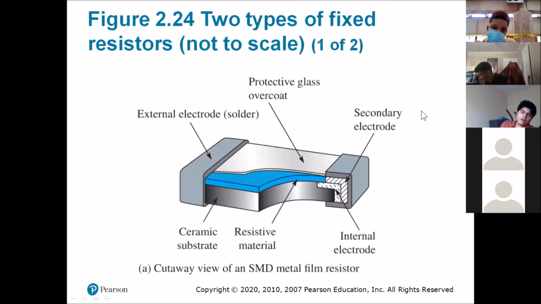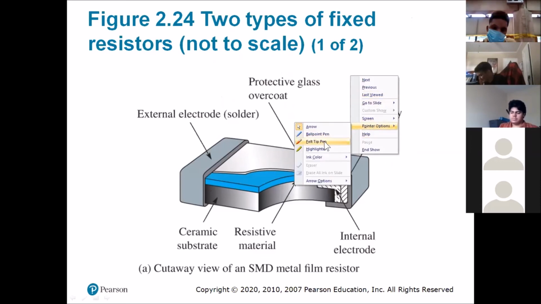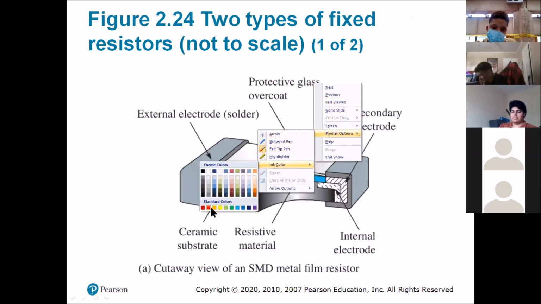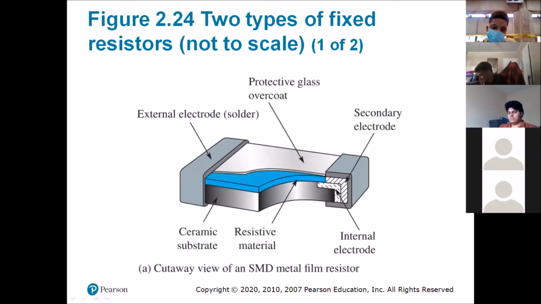Very quickly, if we think about how resistors are made, that chip, the SMD, this type of SMD is also sometimes called a chip resistor, because it's used with integrated circuits, which are sometimes called chips.